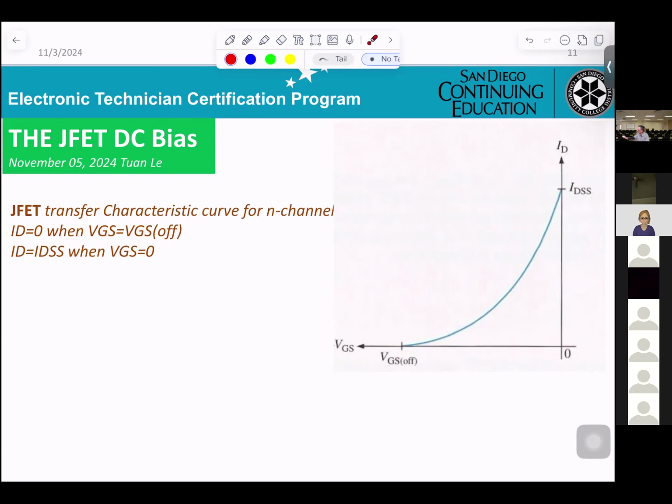And at the point of maximum current, IDSS, what does VGS equal? VGS equal 0. So this is the transfer characteristic curve for N channel. They explain to you ID 0 when VGS equal VGS off, and at the IDSS point, VGS will be 0.